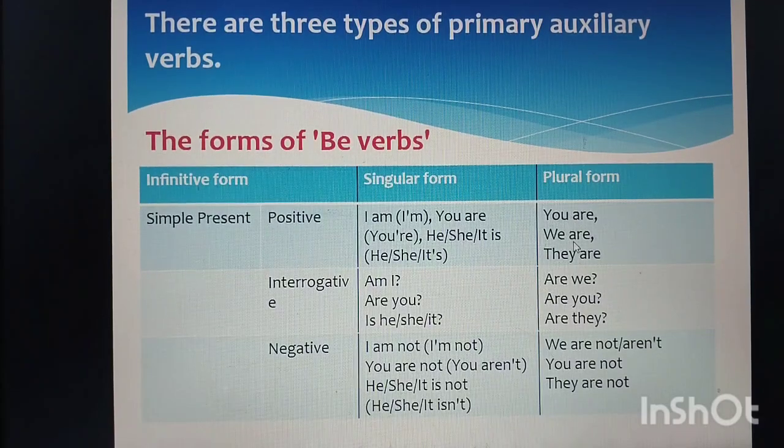Plural form: you are, we are, they are; are we, are you, are they. So these are the singular and plural forms of be forms. You know, my dear students, be forms means is, am, are basically.